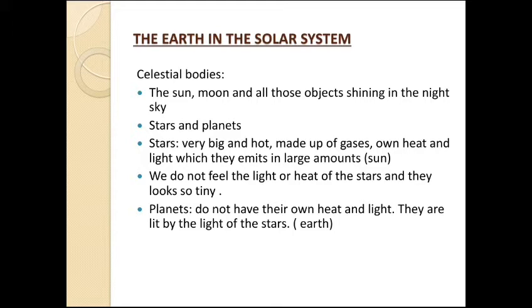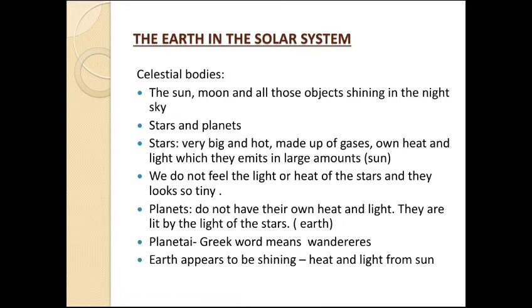Stars have their own light and heat, but planets do not. There are 8 planets and the Earth is one among them. And the word planet comes from a Greek word planetai, which means wanderers.